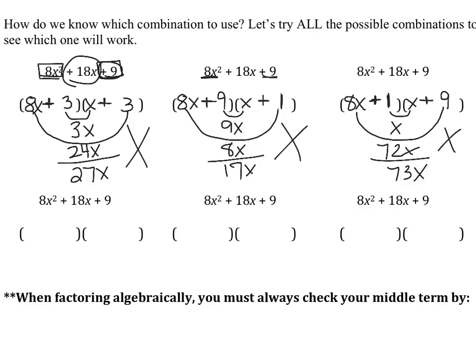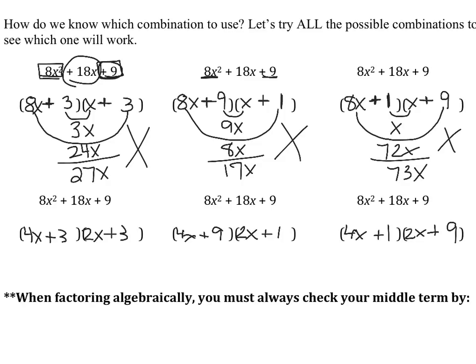So my other option is, instead of 8x and x, let's try 4x and 2x. So let's see. We could try 4x and 2x with 3 times 3 again. Or I could try 4x and 2x with 9 and 1. Or I could try 4x and 2x with the 1 in with the 4x and the 9 in with the 2x.